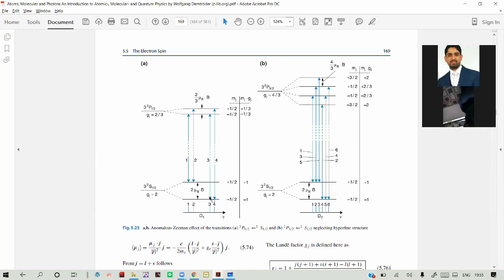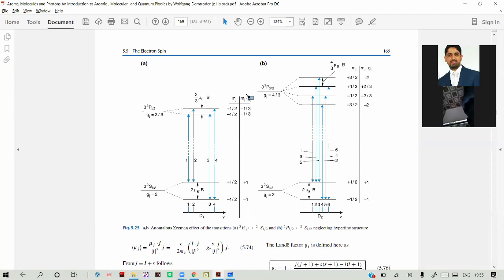When you have another term, 3p half, g_J for this term is 2 by 3, and using that expression in the external magnetic field, weak field Zeeman effect, you will see that corresponding to g_J you have different values, because now the number of levels will be determined by the J value, and J will be determined by L plus half and L minus half.